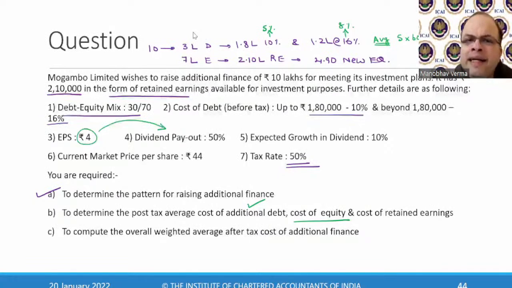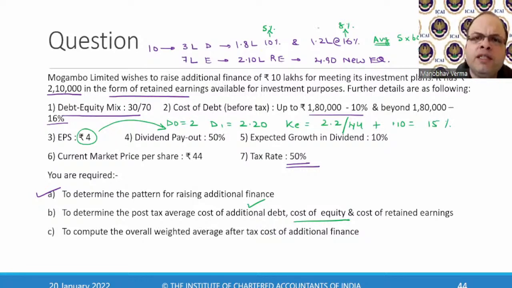So my D0 can be taken as 2 here. Hence D1 is 2.2, guys. So cost of equity is 2.2 upon 44 plus 10%. Seems to be a cost of equity of 15% here.